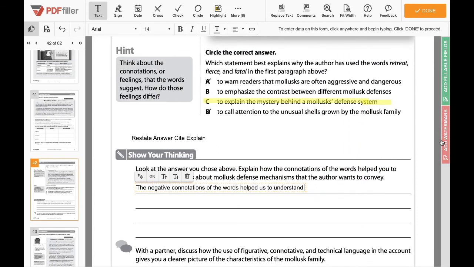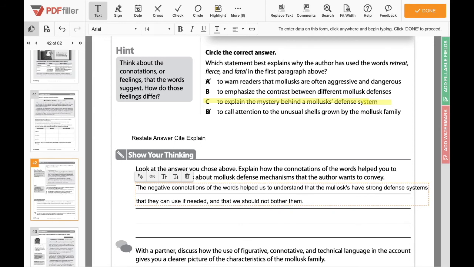So she used those words to help us understand that the mollusks have strong defense systems that they can use if needed, and that we should not bother them, right?